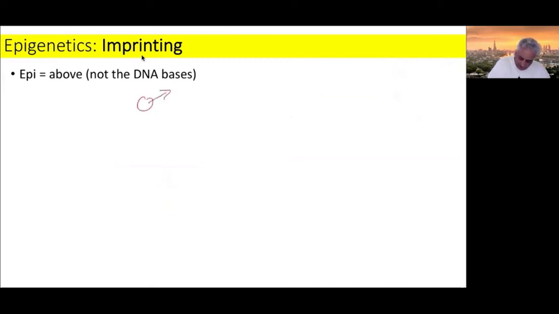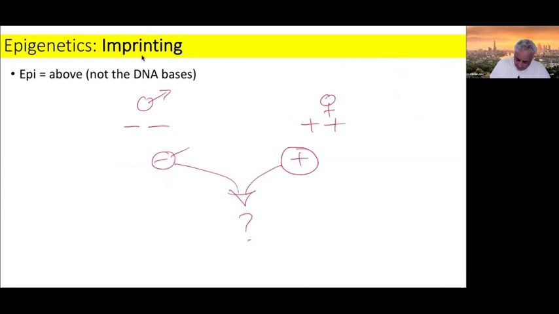So here's the father, and here's the mother. So if the father is mutant, and the mother is wild type, and all her eggs are wild type, and all his sperm are mutant, and then they fertilize, then what will be the babies in the F1? Will they be normal, or will they be dwarf? Those are the phenotypes.